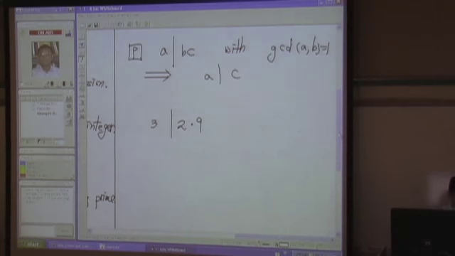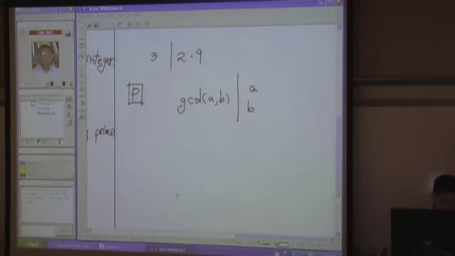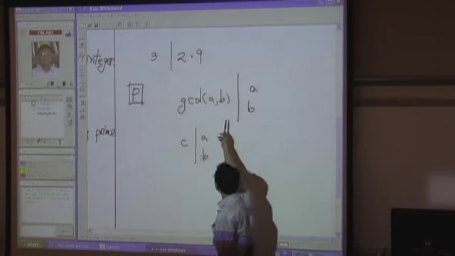And the next thing is this. The GCD of A and B divides both A and B. This is a fact, right?